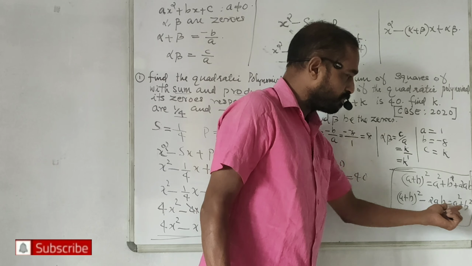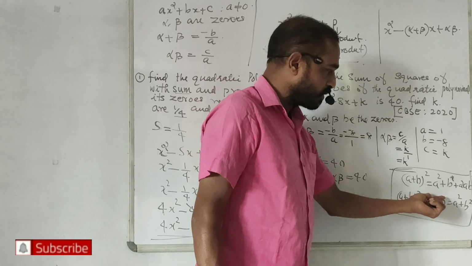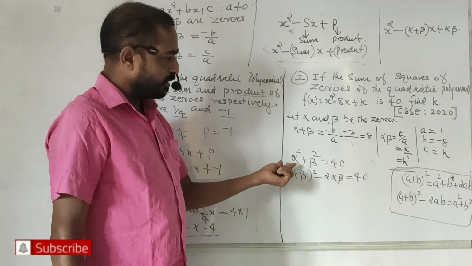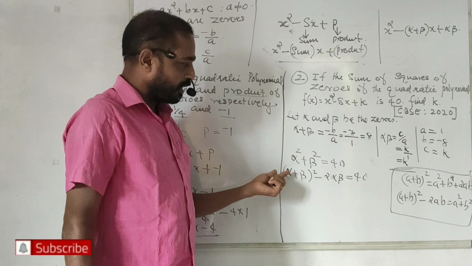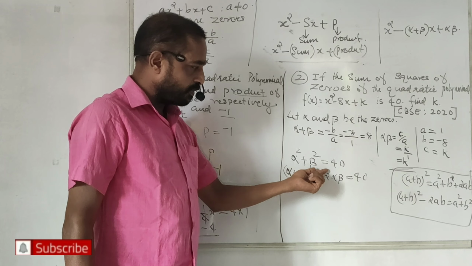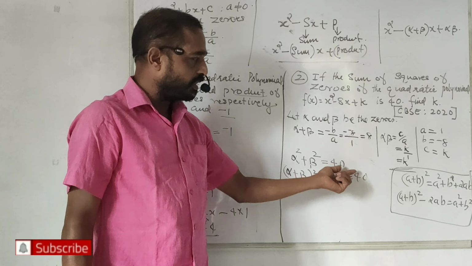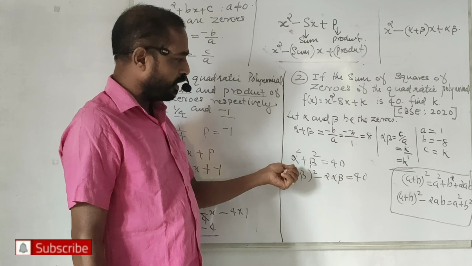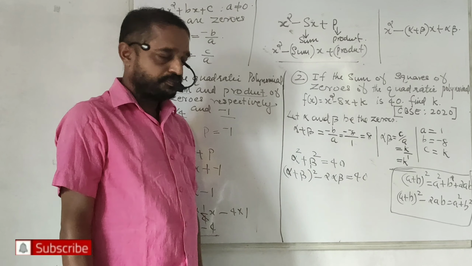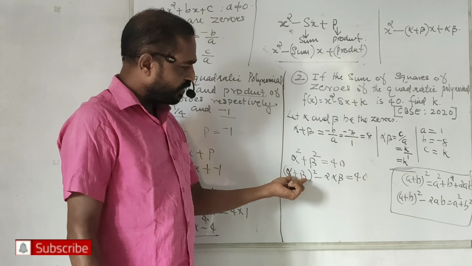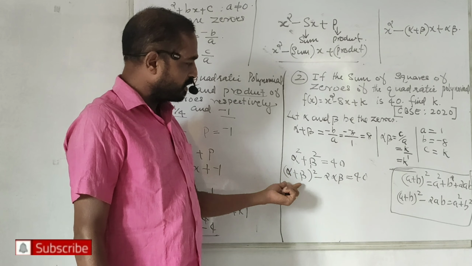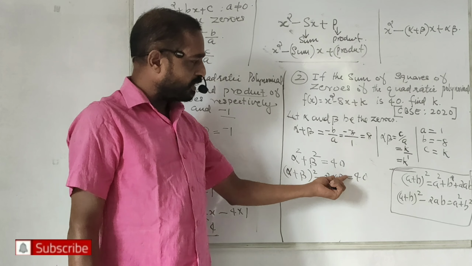So a square plus b square is (a plus b) whole square minus 2ab, and that is given as 40. For a and b, here we have alpha and beta. Now we have the results for alpha plus beta and alpha beta.